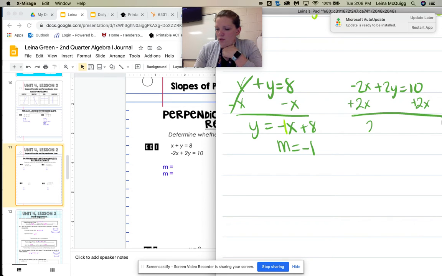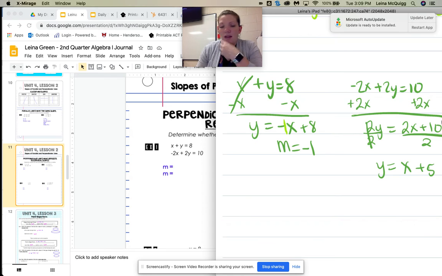So we have 2y equals 2x plus 10. Then I'm going to divide both sides by 2 to get y by itself. So y equals 2 divided by 2 is 1x plus 10 divided by 2 is 5. So my slope here is positive 1.